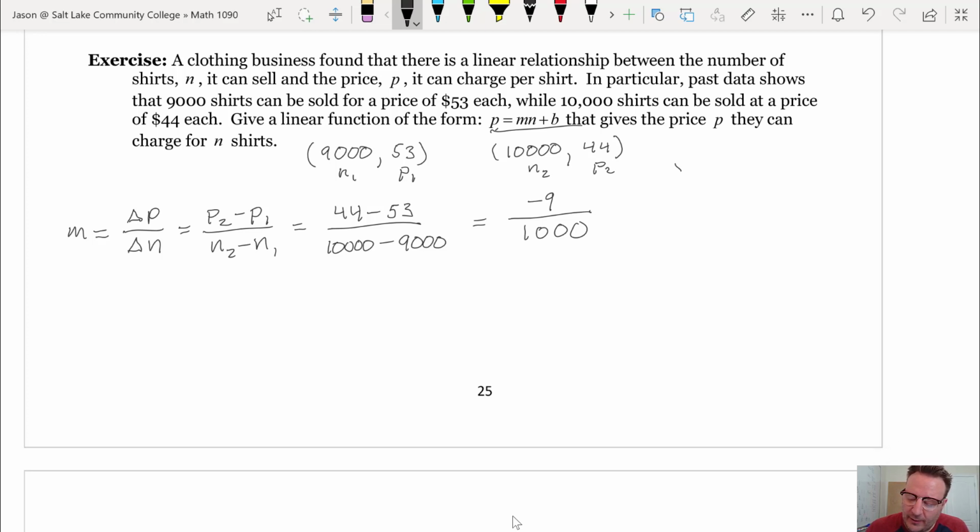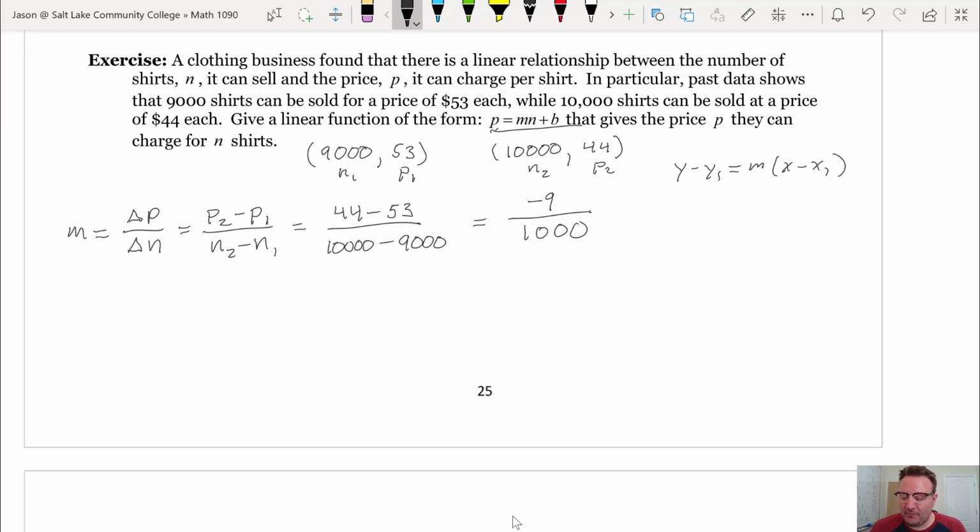I'll write it over here. y minus y1 is equal to m times x minus x1. And recall, this really just comes from the rate of change formula, right? If I divide both sides of this equation by x minus x1, I'm going to get m is equal to y minus y1 over x minus x1. And x, y here just represents any point on the line. It could be the other point.